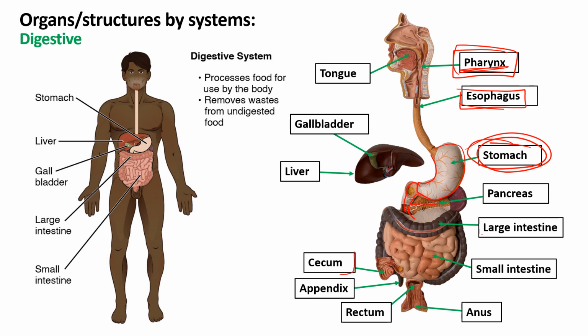Now, after that, we have the other parts of the colon. So this will be the ascending colon, transverse colon, descending colon. And then at some point, we're going to see the sigmoid colon, the rectum, and finally the anus. So we have the rectum and the anus.